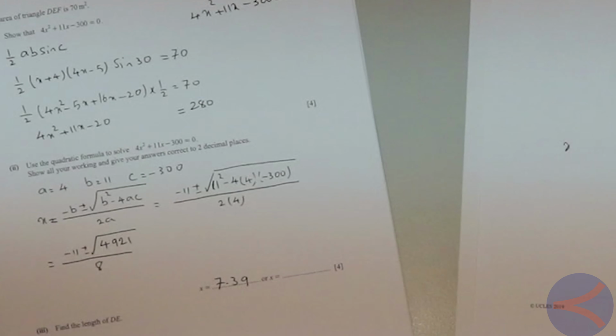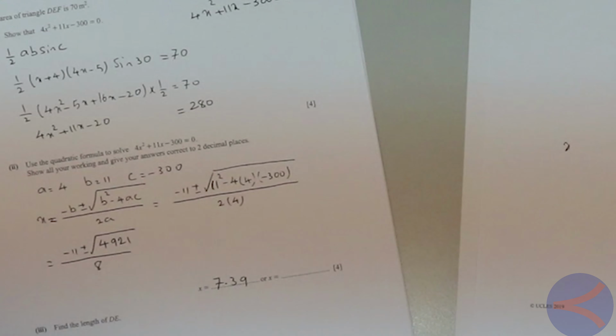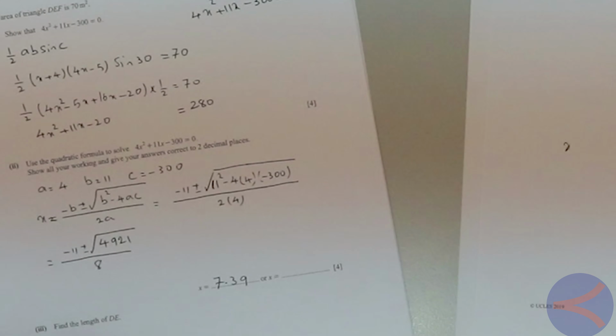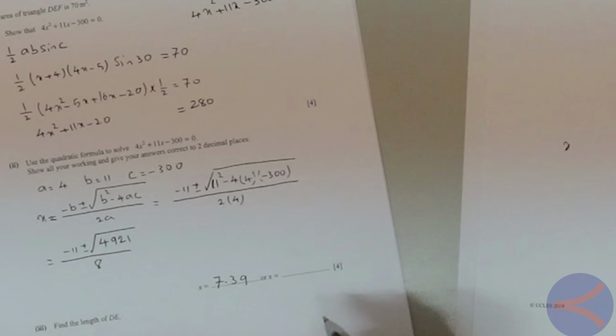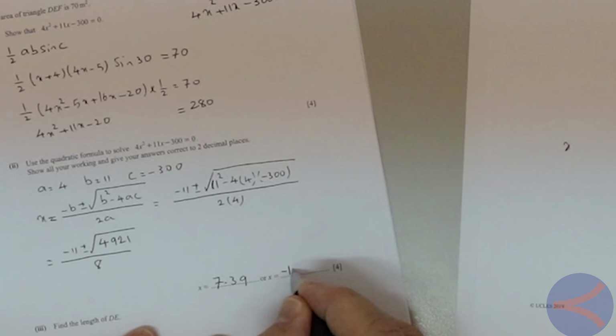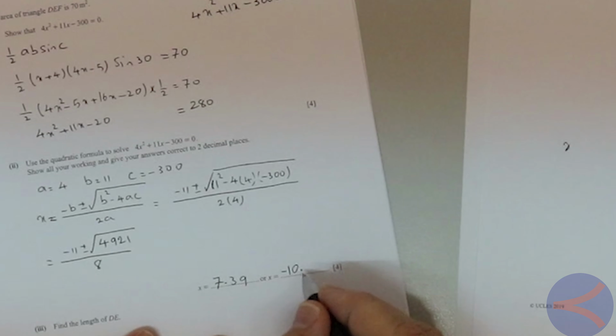The other one is minus 11 minus the square root of 4921. Whatever you're getting, divide by 8. We're getting negative 10.14.